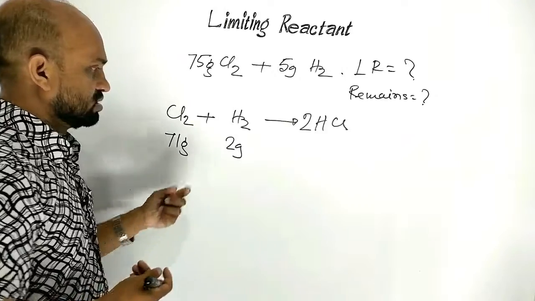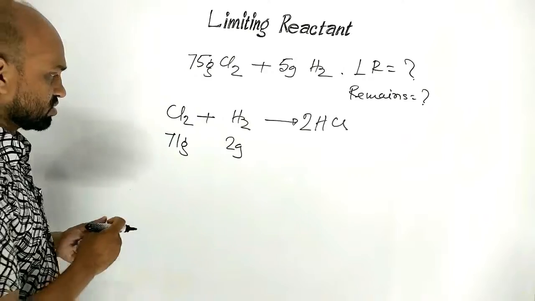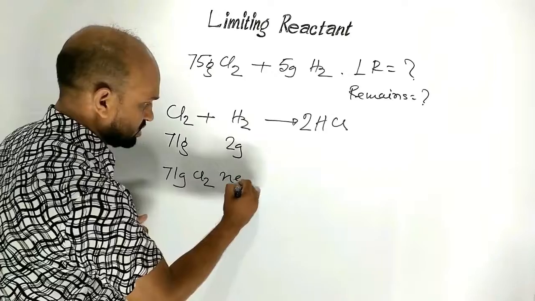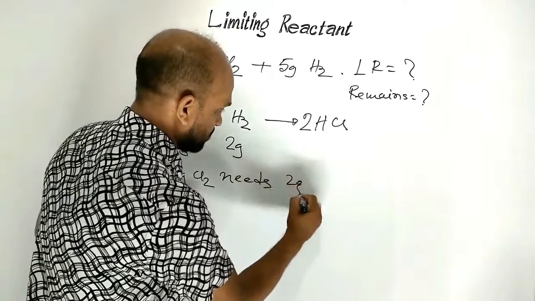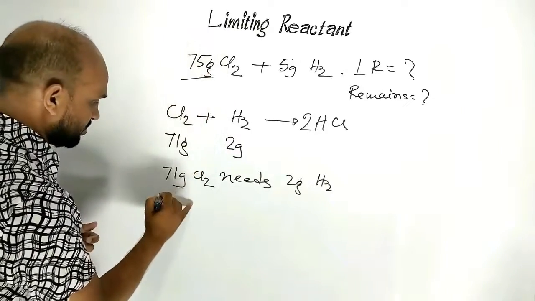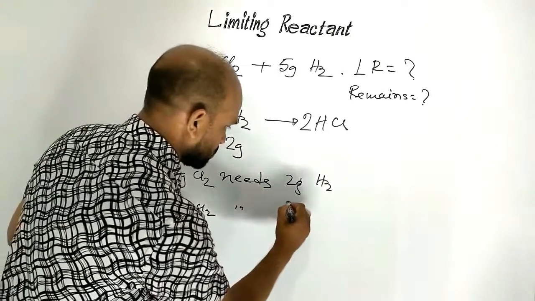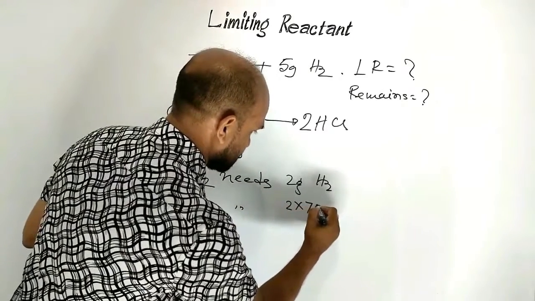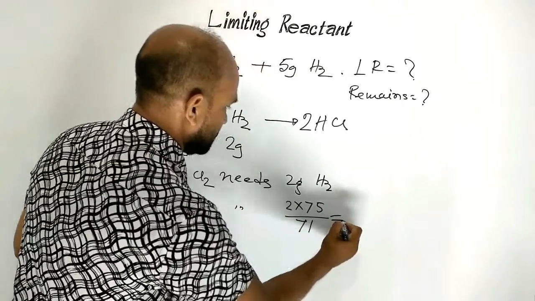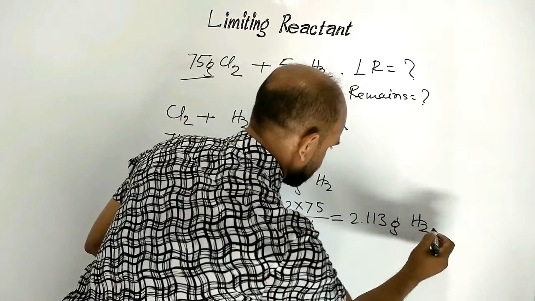So which one is the limiting reactant? From this reaction we can write: 71 gram chlorine needs 2 gram of hydrogen. So 75 gram chlorine needs 2 into 75 divided by 71, which is 2.113 gram hydrogen.